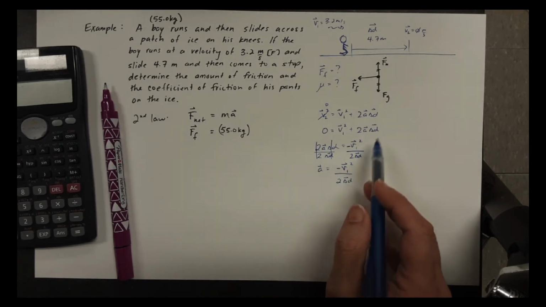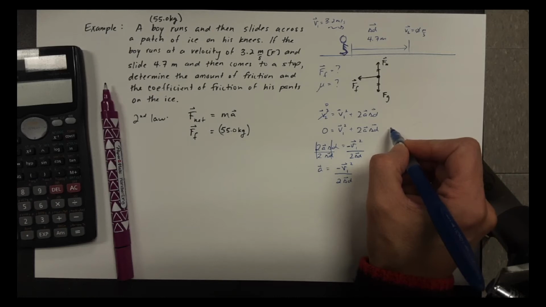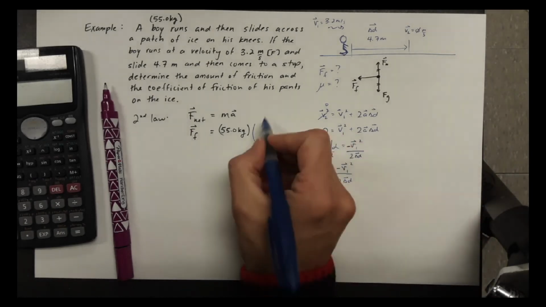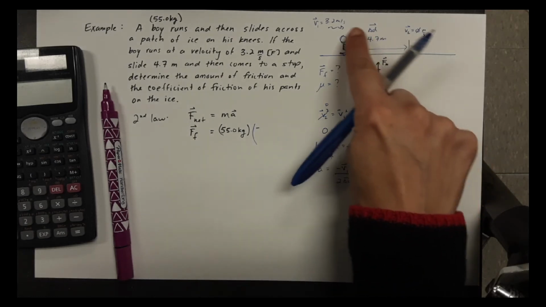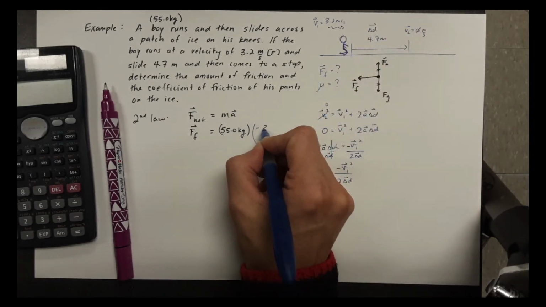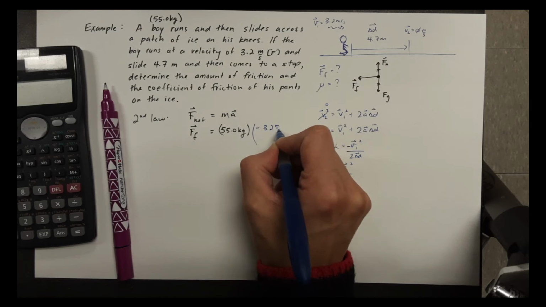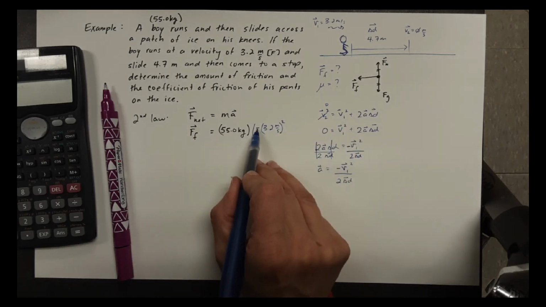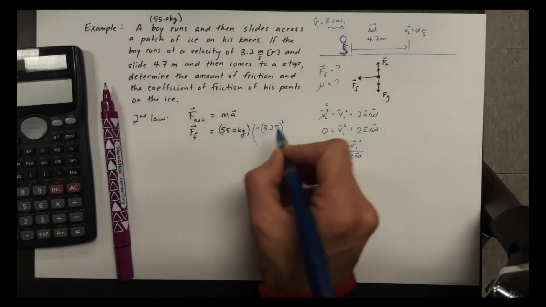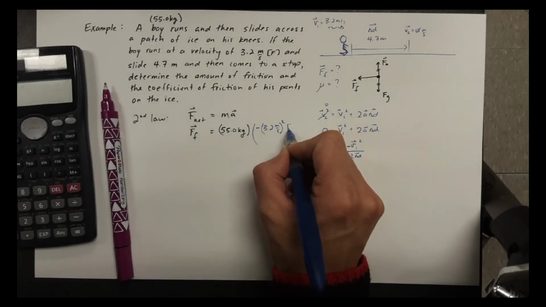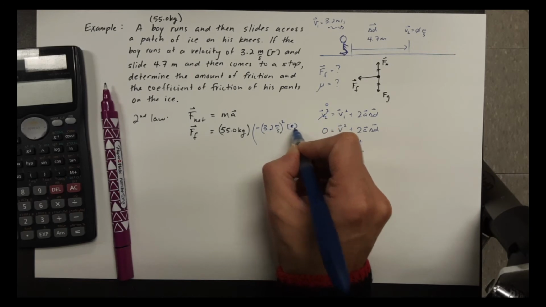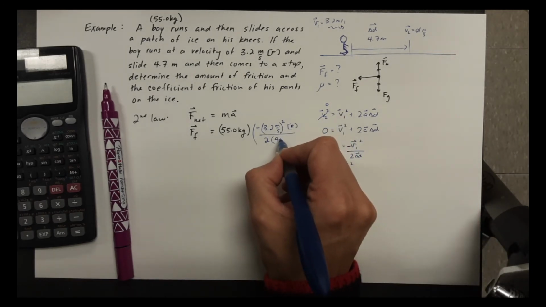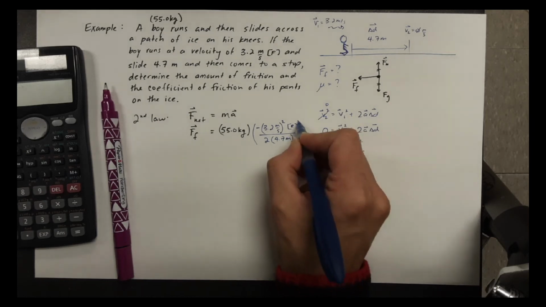Now, you can solve for acceleration and get a number, but I'm going to choose to write this in here. So my v1 is negative 3.2 meters per second. It's this quantity that's squared, not the negative. It's just the velocity. And that is to the right or forward, all over 2 times delta d, 4.7 meters.